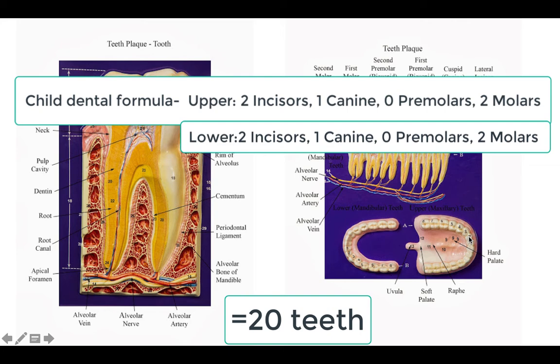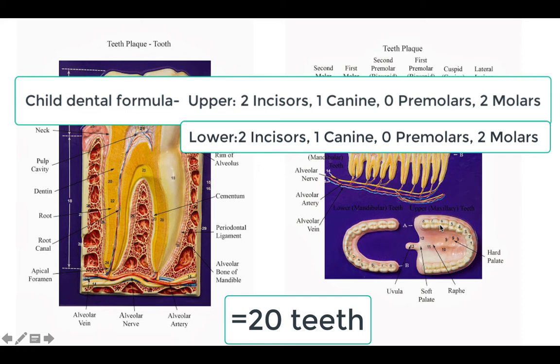That will stay the same into adulthood, although you still lose those deciduous teeth and they're replaced with adult incisors. Then you have 1 canine. However, you have 0 premolars. And then you're going to have 2 molars, okay?